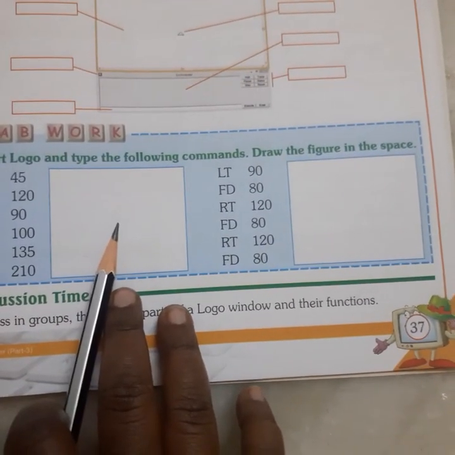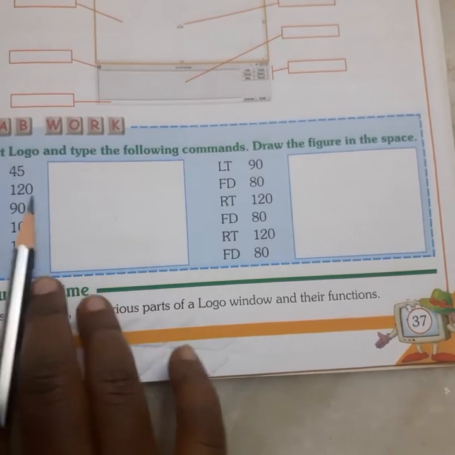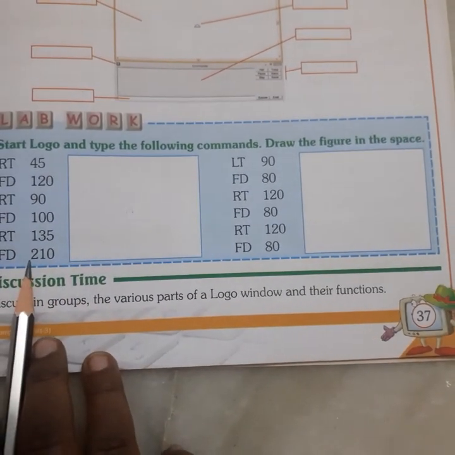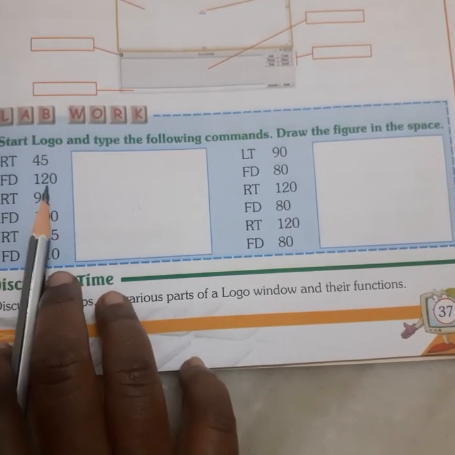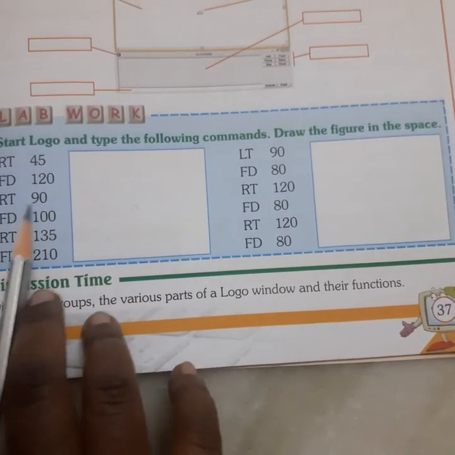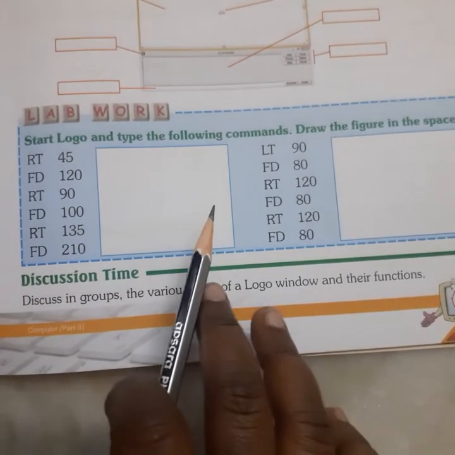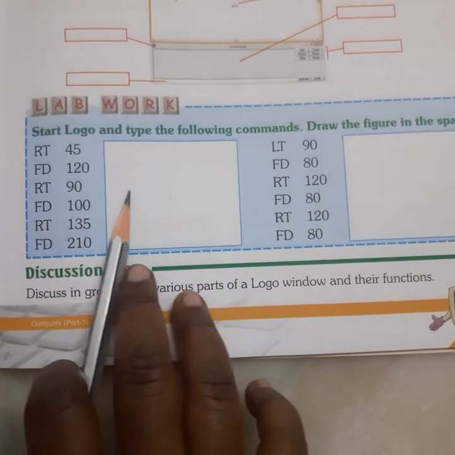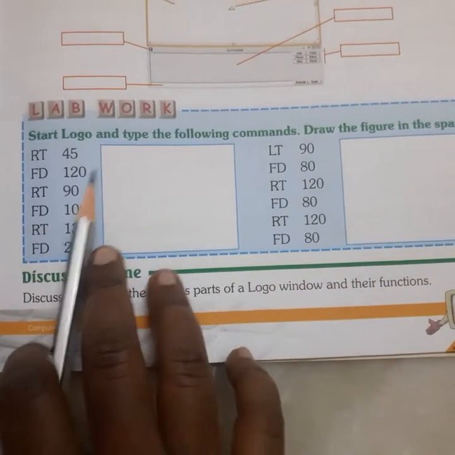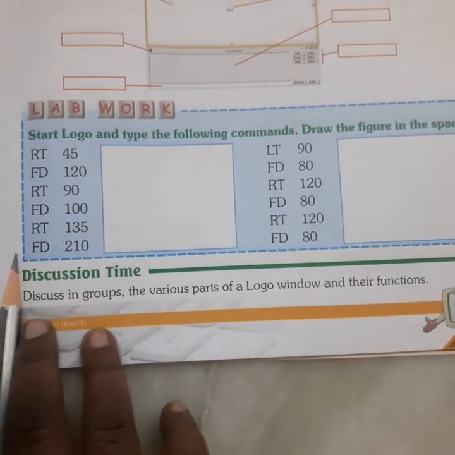If you have a computer, you try, children. You have to type these commands in the input box: RT 45, press enter. Next FD 120, press enter. RT 90, press enter. After opening the Logo window, just type these commands in the input box. Then you will observe which shape will come using this coding.